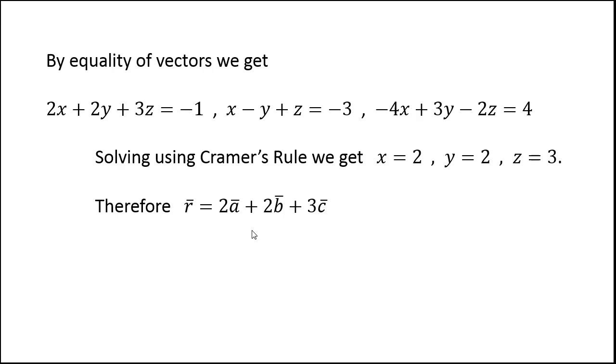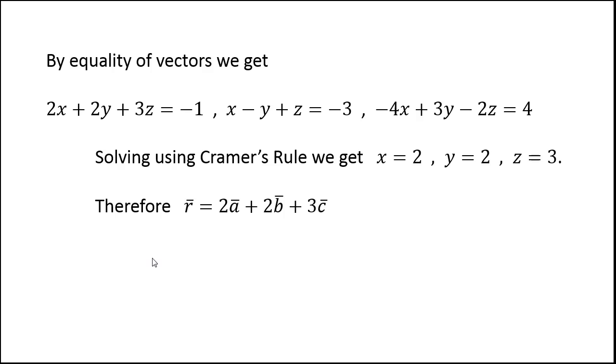Now we solve these equations using Cramer's rule. You can use the matrix method also, you can use the elimination method also. Different methods are available and you can use any of them to find the values of scalars x, y, z. I have solved them using Cramer's rule. I found that x is 2, y is 2 and z is equal to 3, and these three values satisfy all three equations.